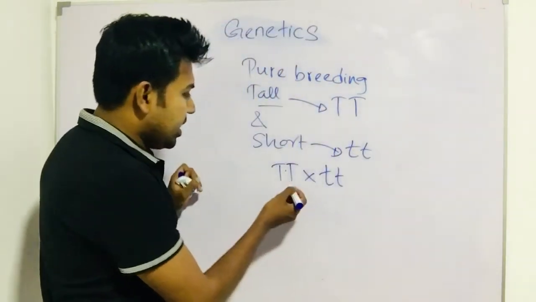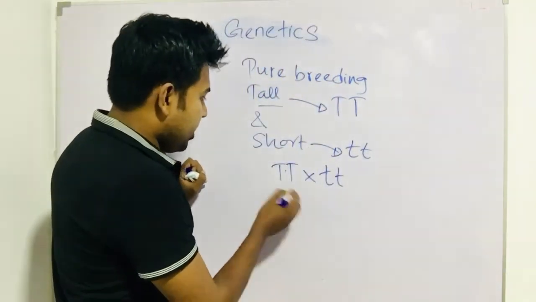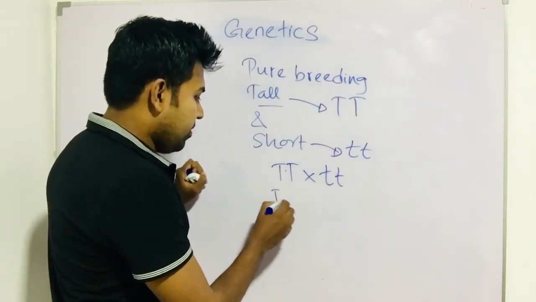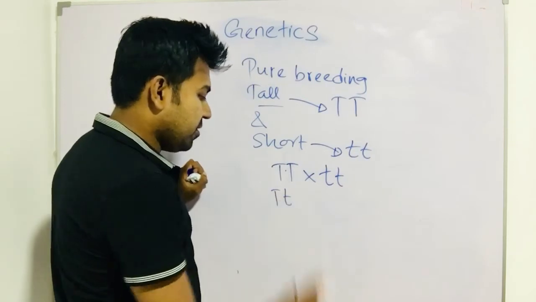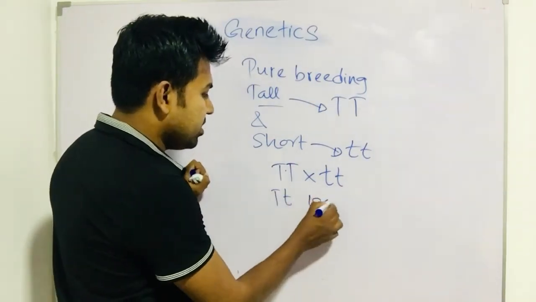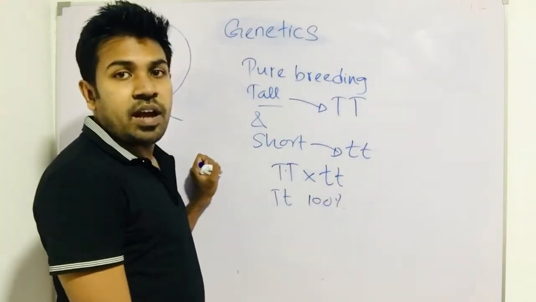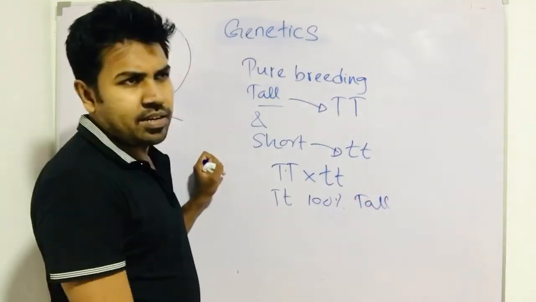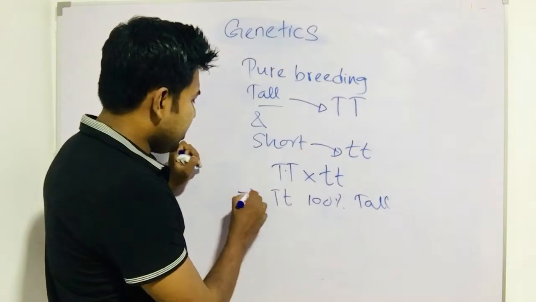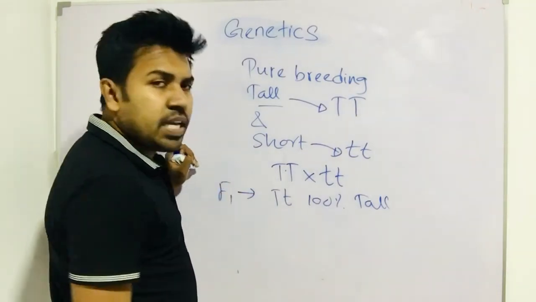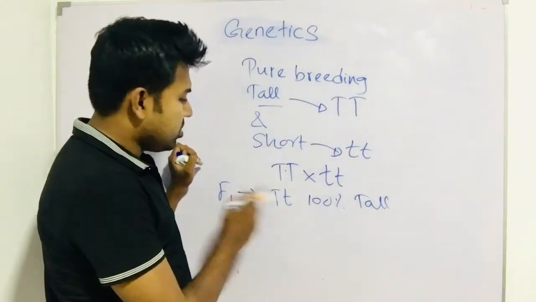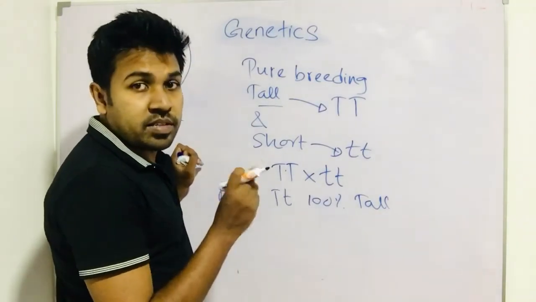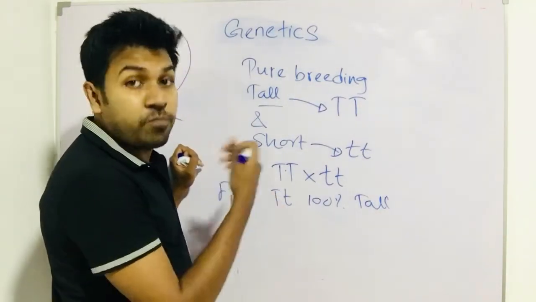So he crossed this, then I will just draw this, he got for the first generation 100% tall. Then from the first generation he crossed the first generation with itself. That is exactly self-pollination.